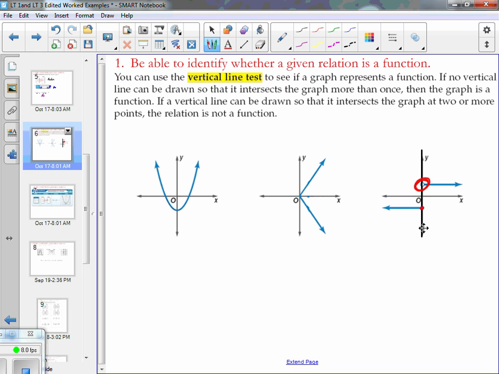So right there is the only place where it looks like the vertical line might hit 2 times, but it doesn't, because you have to remember open circle versus closed circle. So, function, not a function. Oops, let's stay consistent. Function. All right? So, more and more ways.